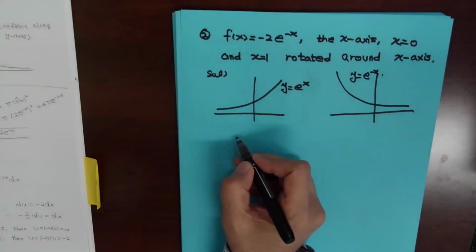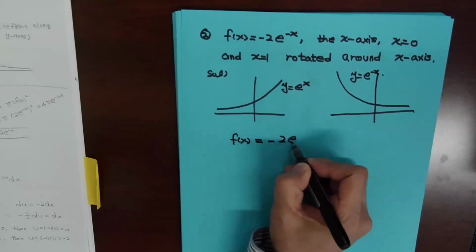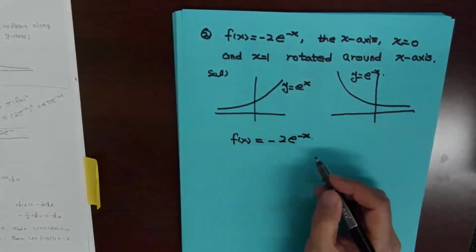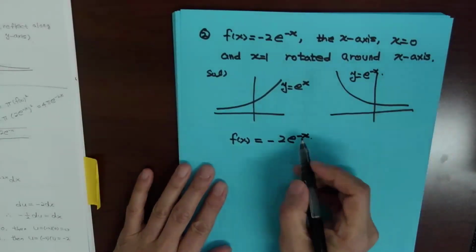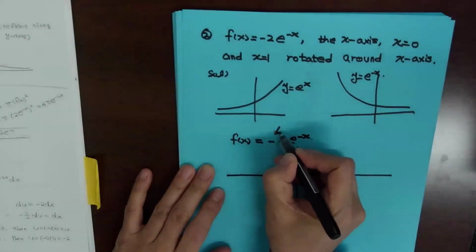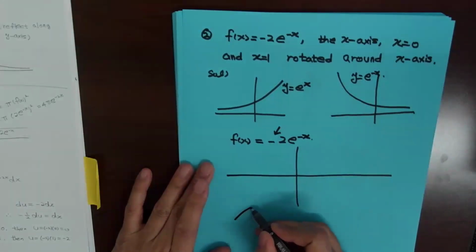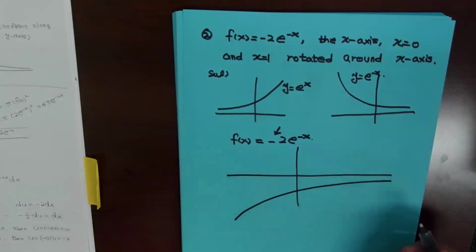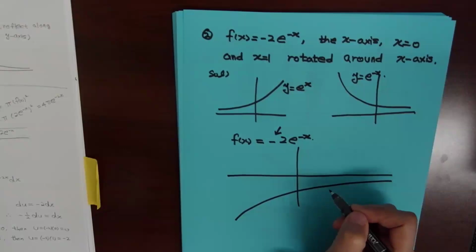And then we want to figure out how the function f of x equals -2 times e to the negative x looks. So it is like e to the negative x, right? And then there is a minus sign here, so we have to flip along the x-axis. So this is the graph of y equals f of x.